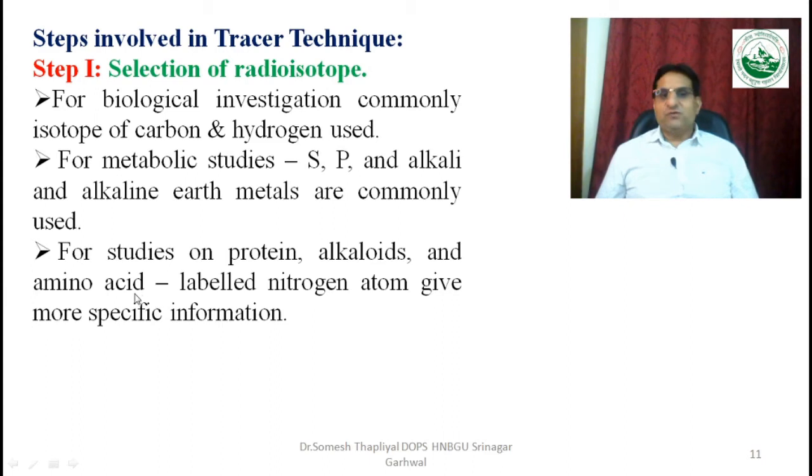And in case of proteins, amino acids, alkaloids, तो नाइट्रोजन एटम की labeling करने पे हमें more specific results मिल सकते हैं. तो जो एक criteria होता है selection of radioactive isotopes का, ये सबसे important है कि सबसे पहले आपको isotope का selection करना है कि कौन सा isotope हमारे लिए useful हो सकता है biosynthetic pathway के intermediates और उसके steps को identify करने के लिए.